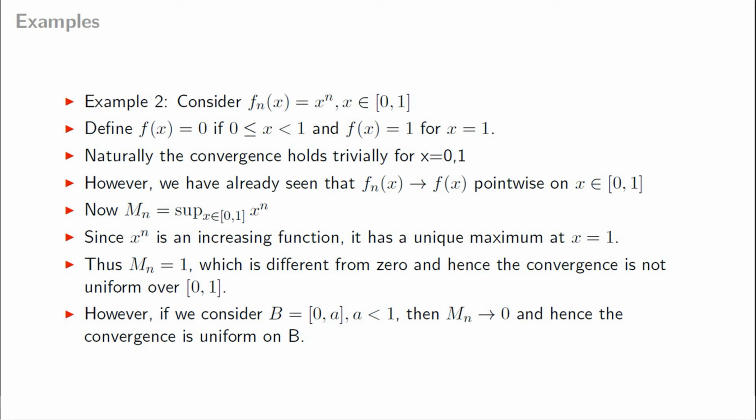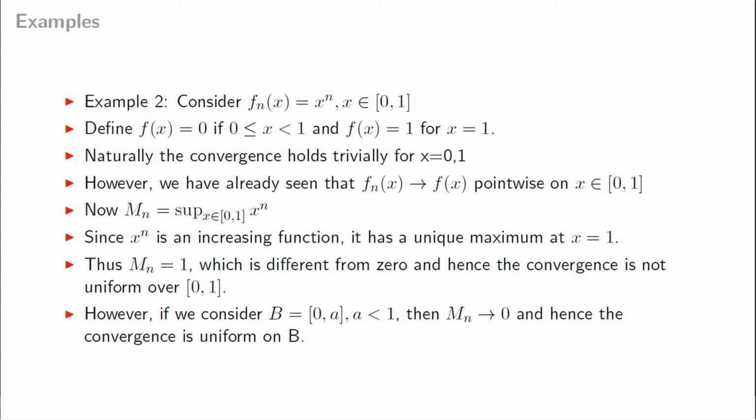Consider our next example, which involves the sequence of functions x to the power n for x belonging to [0, 1]. We define f(x) as 0, that is the limit function, if 0 is less than or equal to x less than 1, and f(x) as 1 for x equal to 1. Naturally, the convergence holds trivially for x equal to 0 or 1. We have already seen that f_n(x) converges to f(x) pointwise on the interval [0, 1].